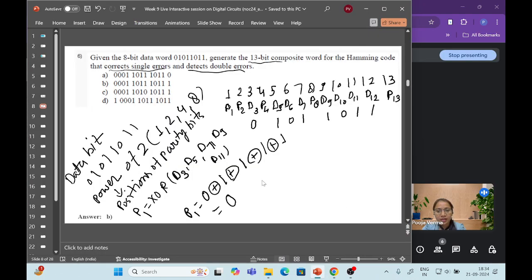Okay, so similarly we need to find out P2. How will we get that? XOR of the positions. First we need to take D3. Then the next one is P4, so we cannot take this one. After D3 the gap between the bits taken is two positions, so D4 and D5 will be removed.